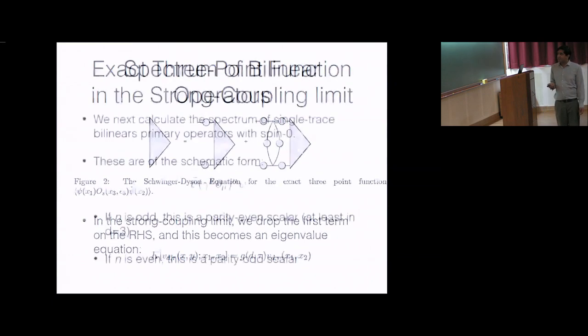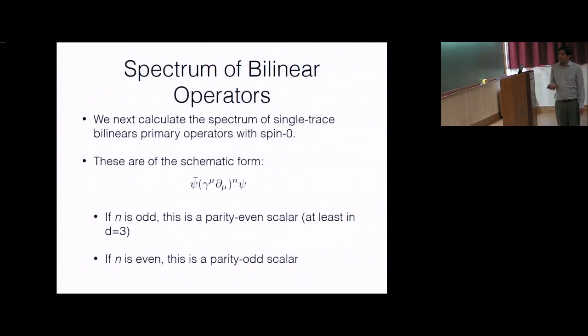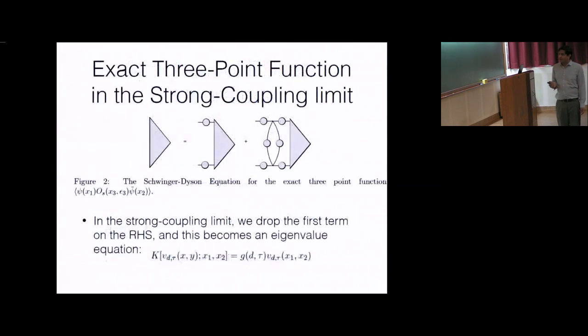So there are 2 different types of spin 0 operators, and the way we'll calculate their scaling dimensions is as follows. We imagine calculating the 3-point function of psi bar psi with the bilinear operator, keeping all melonic diagrams. That's represented by this shaded 3-point function, and you can convince yourself it follows an equation that looks schematically like this, except this should be the free 3-point function here. So it obeys a Schwinger-Dyson equation, and in the strong coupling limit, you can drop the first term.